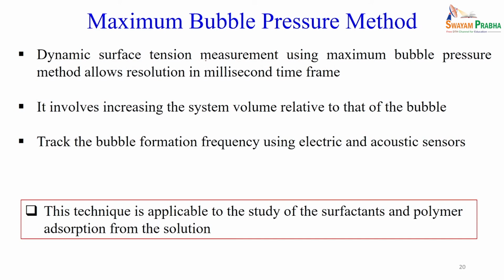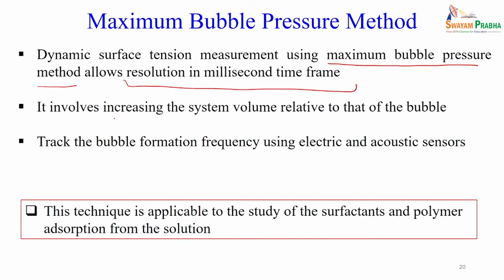This is dynamic surface tension measurement using the maximum bubble pressure method. What is the maximum pressure required to form a bubble, and its resolution, as I told, may be in the millisecond time frame. So, we require very advanced computer control devices.